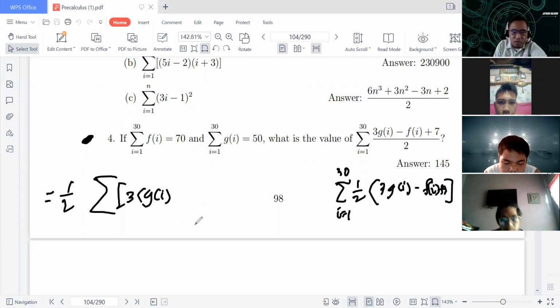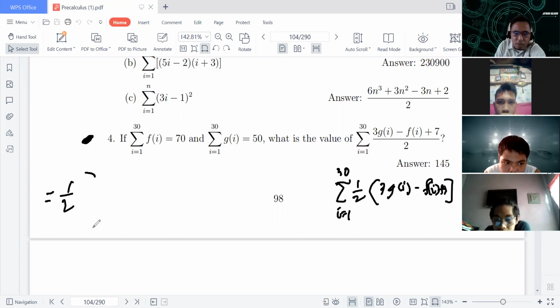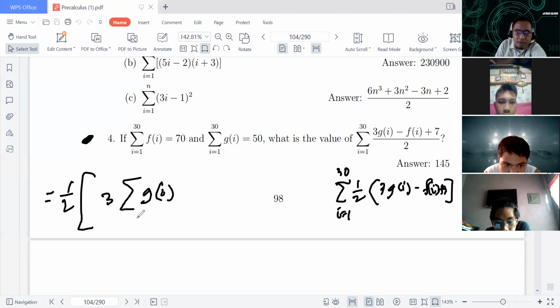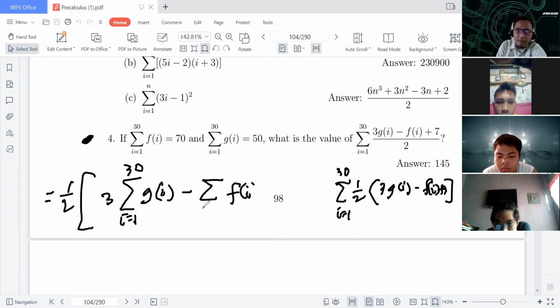Let's just go straight and write it out. We put the 1/2 and distribute the summation to each term. 3 times the summation of g of i, where i ranges from 1 to 30. That's the first term. For the second term, it is negative summation of f sub i, where i ranges from 1 to 30.